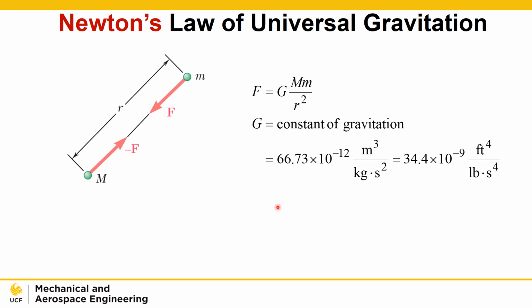Here G is a universal constant called the constant of gravitation and has a value of 66.73 times 10 to the negative 12 in the SI system and 34.4 times 10 to the negative 9 in the US system.